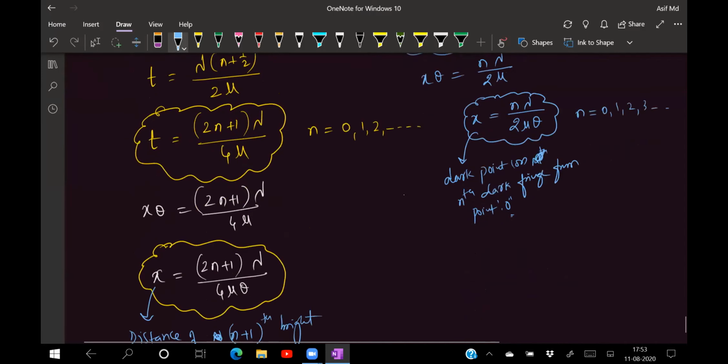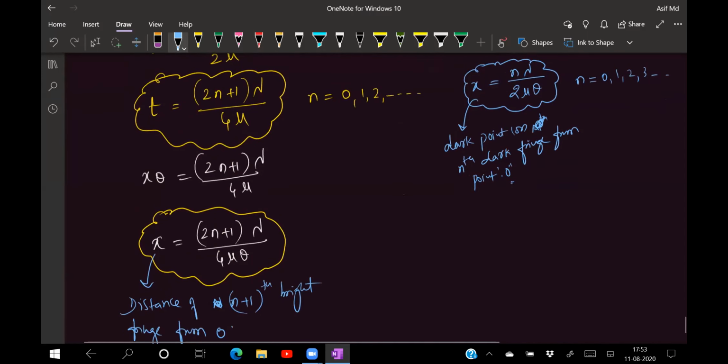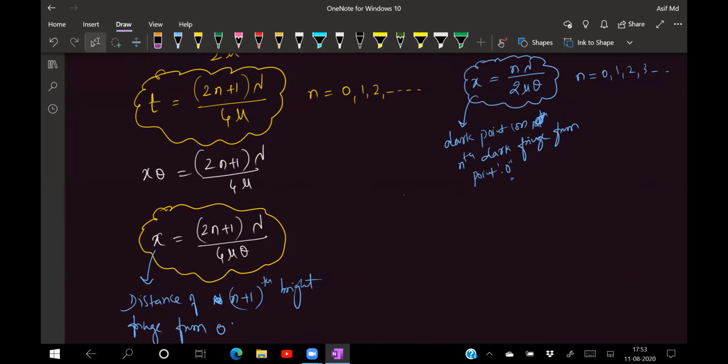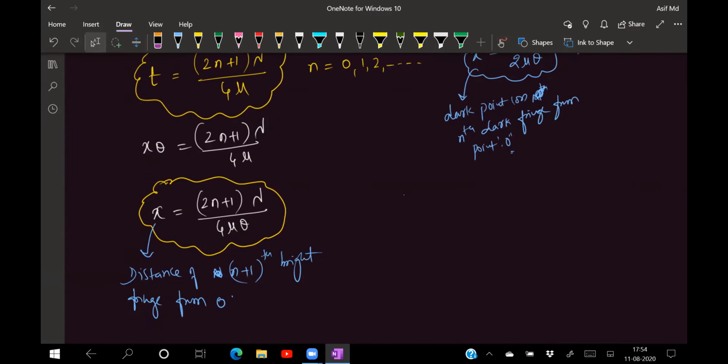If I take the bright point, n is equal to 0. So the first bright point is formed at what distance? N is equal to 0 for the given condition, so the first bright point is formed at a distance of lambda by 4 mu into theta.